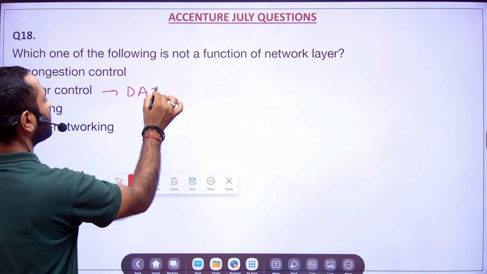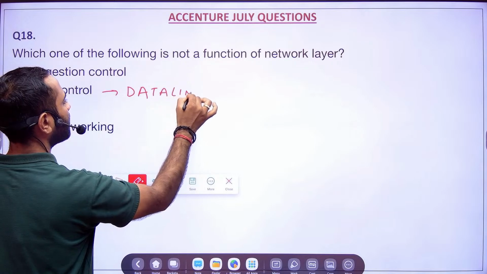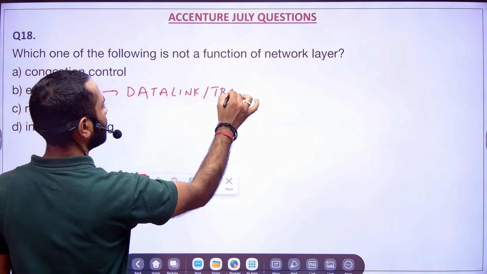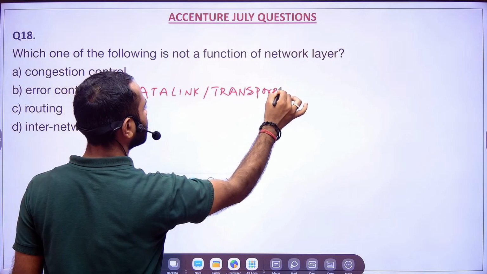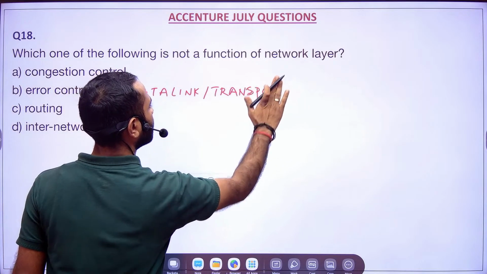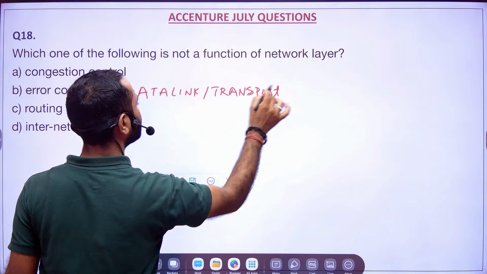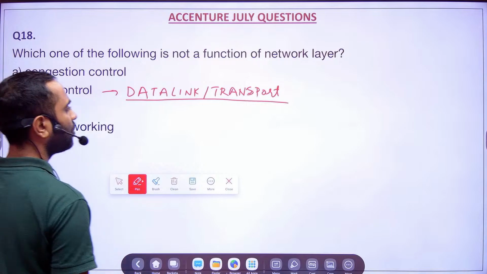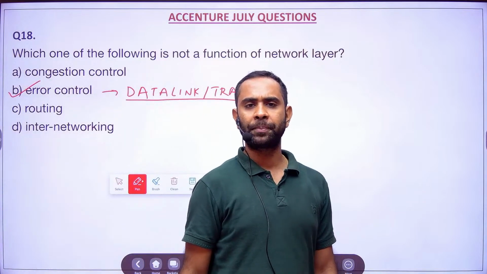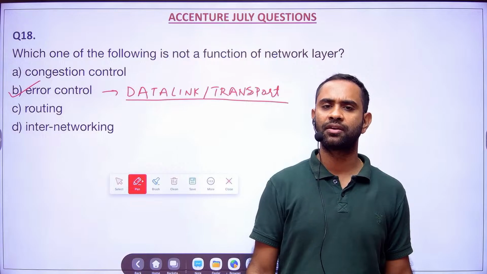So your data link layer and your transport layer are responsible for error control. Error control will not be a part of the network layer.